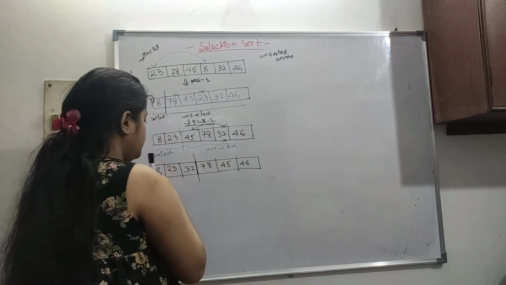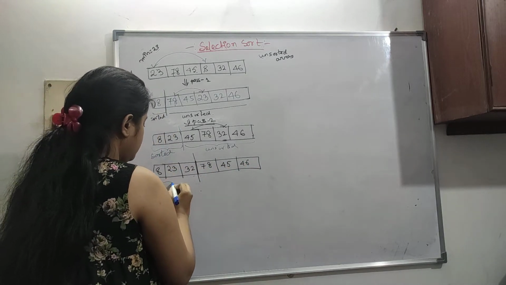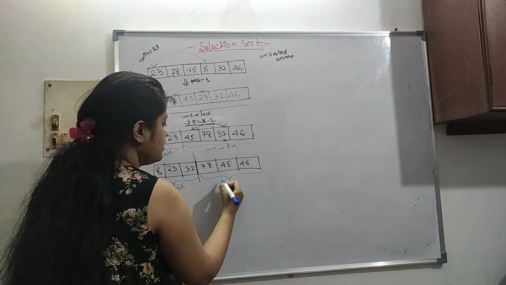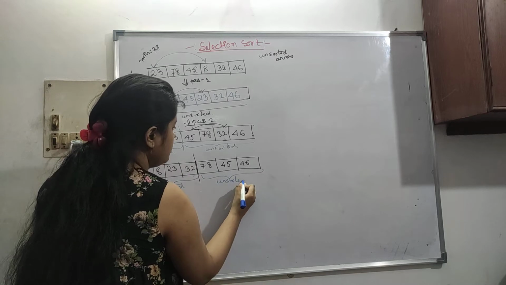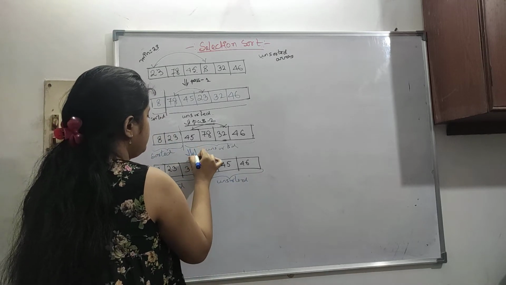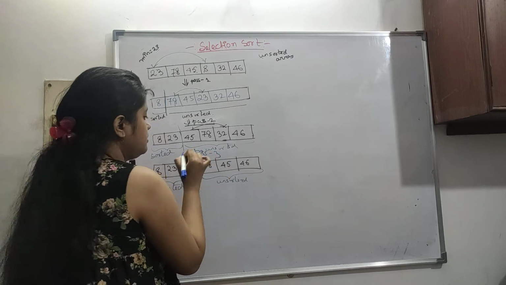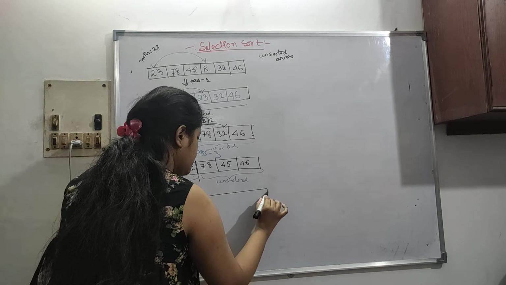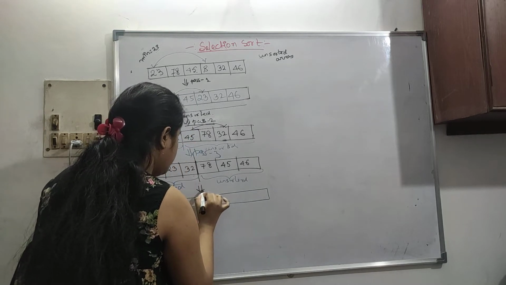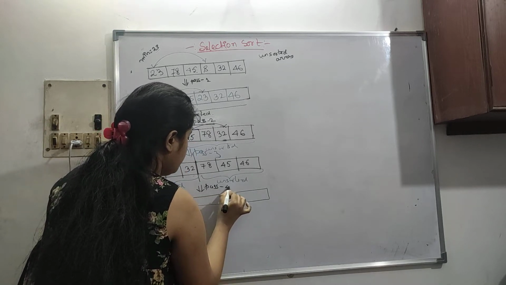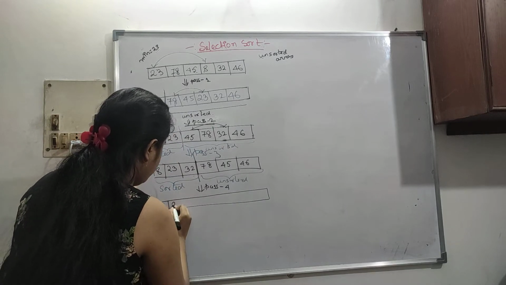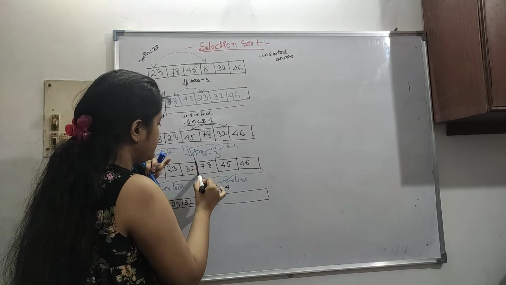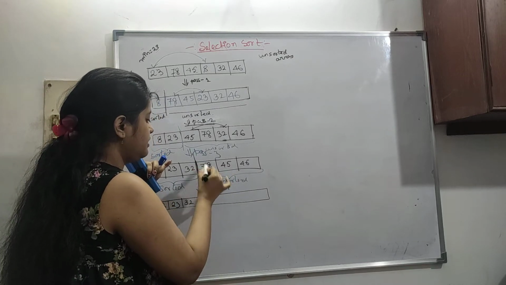Up till this it is sorted, and this is unsorted. So this is actually pass 3. Now, let's say, pass 4. 8 is there, 23 is there, 32 is there. Now among these, we take 78 as, let's say, the minimum.